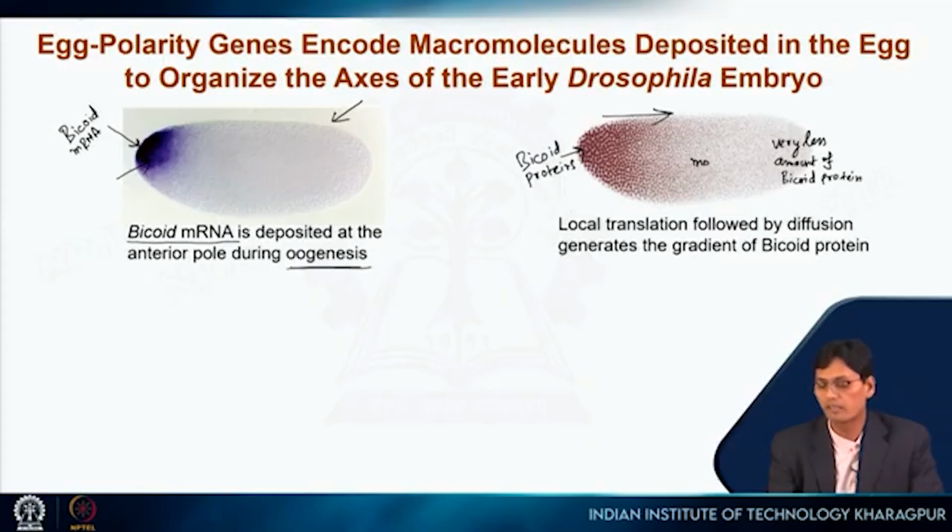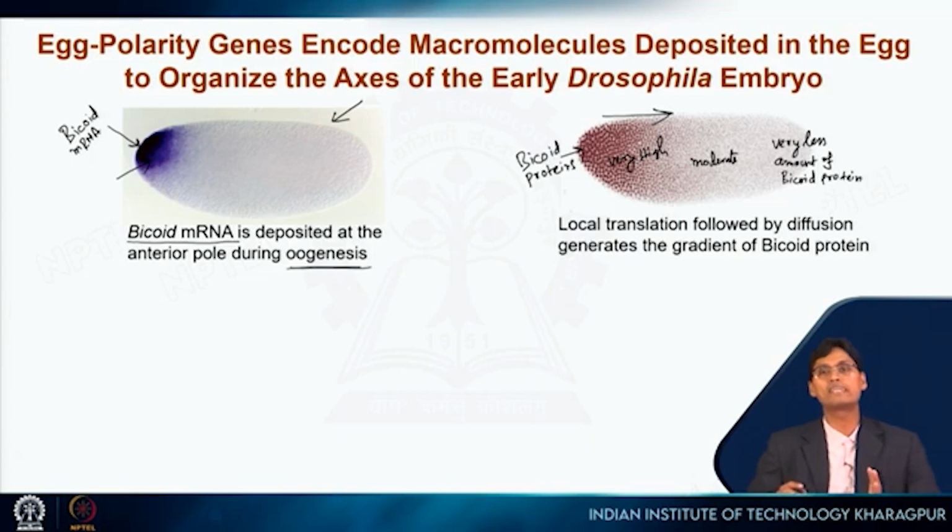Here I would say a moderate amount, and here a very high amount of bicoid protein is present. So it will make some gradient, and that will actually dictate the anterior and posterior axis in Drosophila.